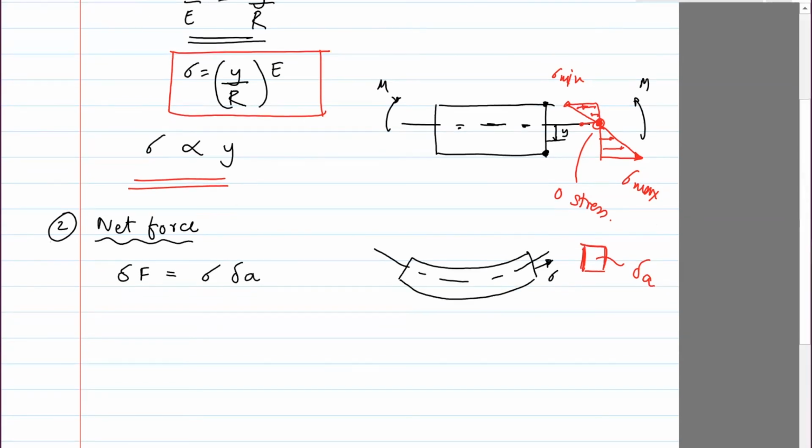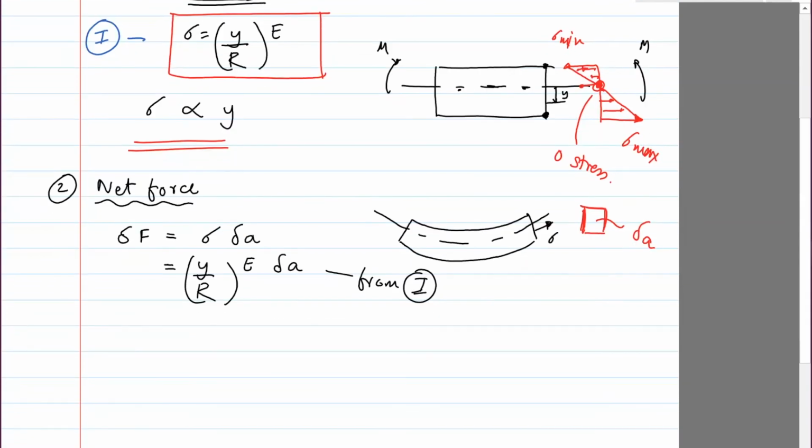Okay, so once you have this expression, let's replace the value of sigma from this expression. Call it Roman 1. And so we sub that in: y divided by R times E times delta A. And this comes from 1. So if you want to find the net force, the force is this one, delta F, integral.